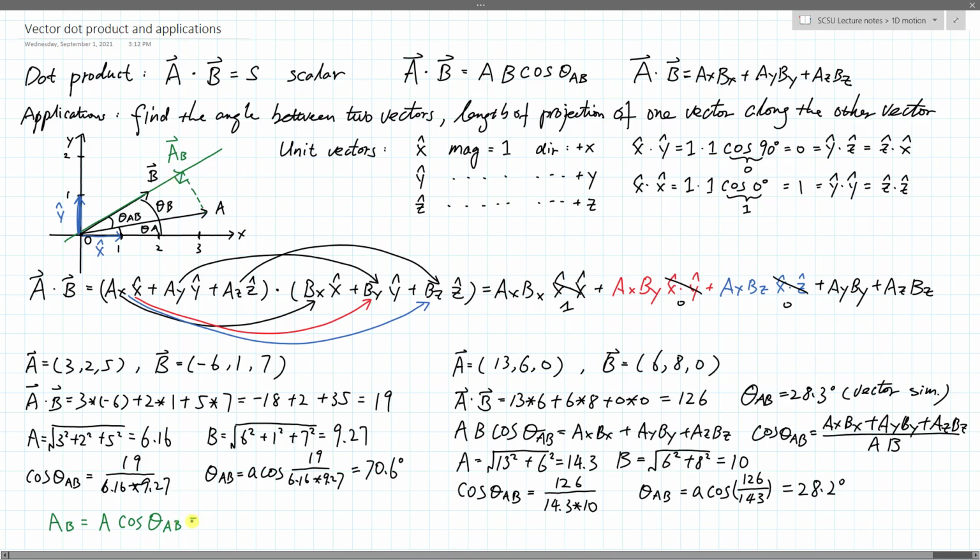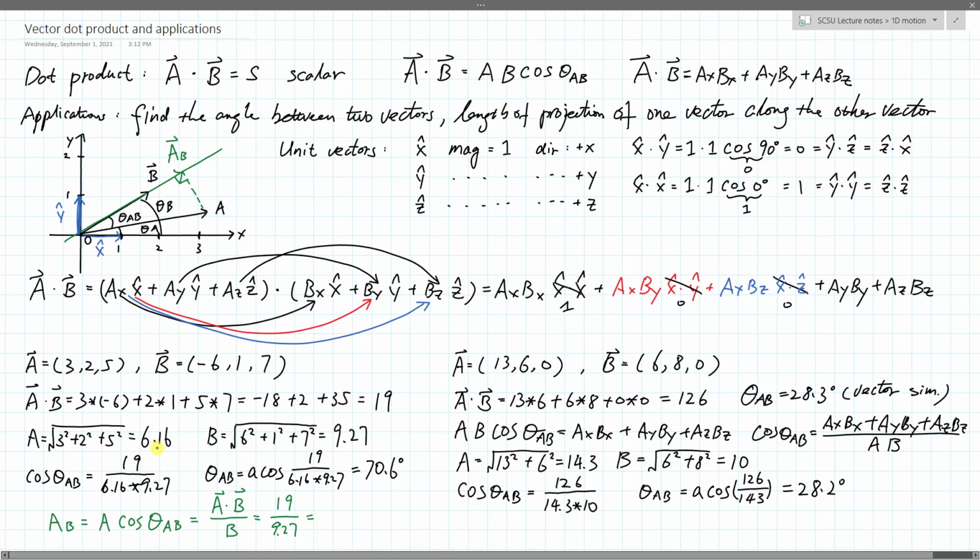And this happens to be A B cosine AB divided by B. So A B cosine AB is A dot B divided by B. So you want A's projection along B, you do a dot product, you divide by B's magnitude. Oh, this is pretty readily available. Here we already have the 19, and we have B's magnitude 9.27. So the A's magnitude along B must be less than A's magnitude itself, right?